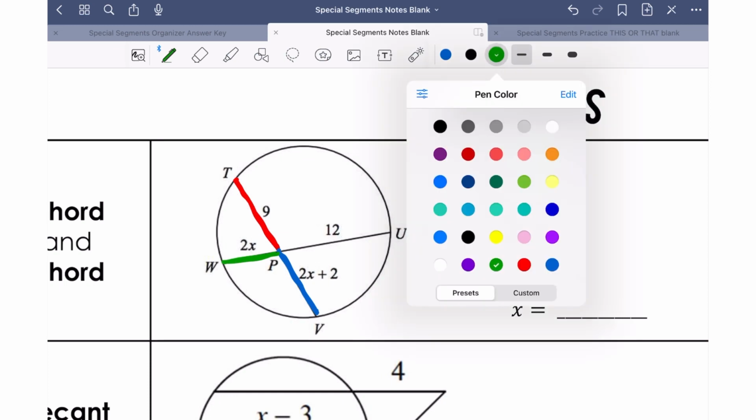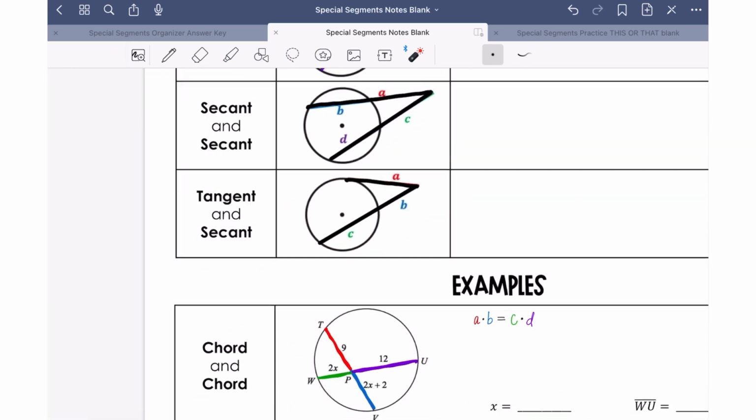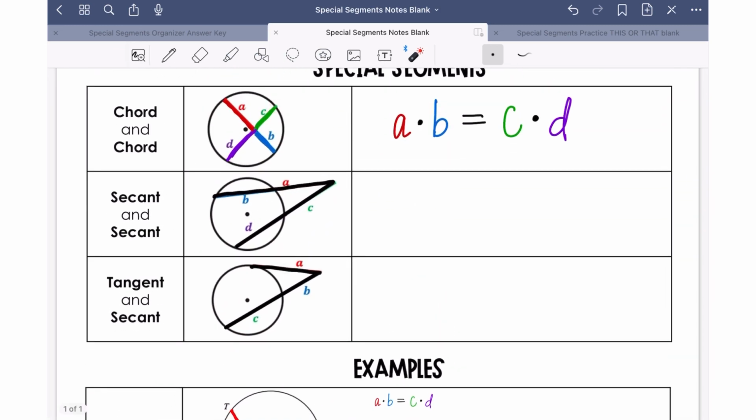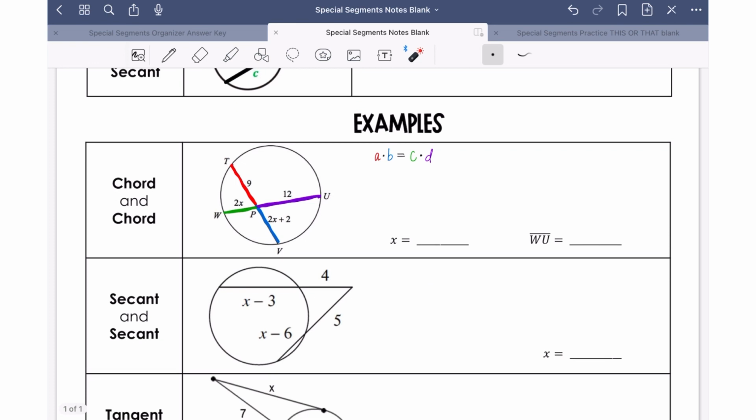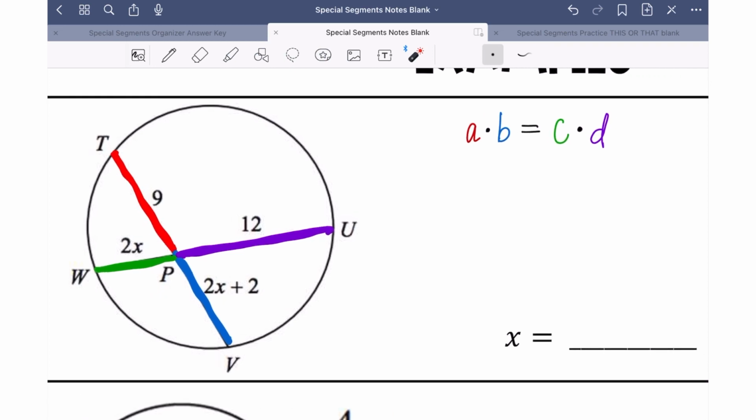C and D. Now, I don't want you to get confused on who's C, who's D, who's A, who's B. As long as you're putting A and B with one chord and C and D with the other chord, you can switch them around. So see how over here I had purple and then green? That's not going to change the answer to my problem, as long as I'm using the 2 colors for one chord and the other 2 colors for the other when I set up my formula.